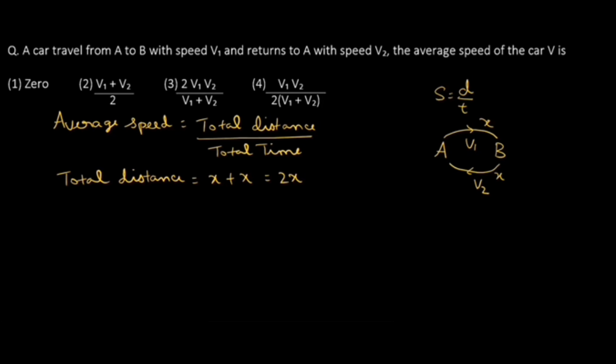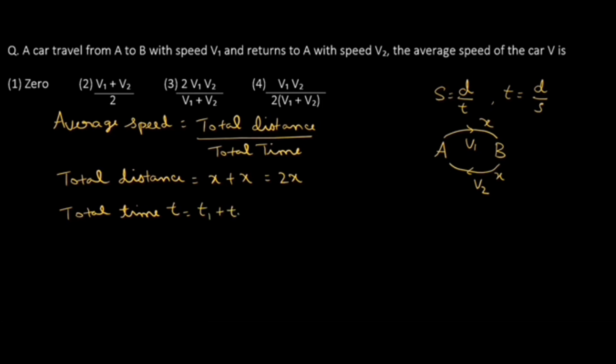Then the total time taken. The total time taken is t, and from the formula s is equal to d by t, we can get t is equal to d by s. So t is t1 plus t2, since we have two speeds v1 and v2.